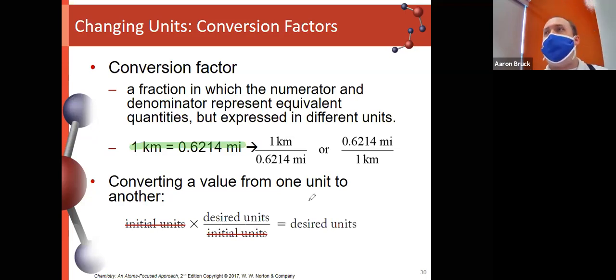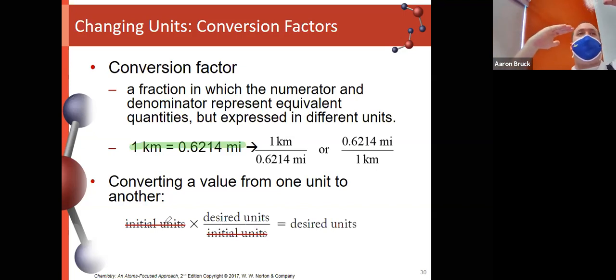So from that standpoint, the whole procedure here is all about factor cancellation. If I have units that I want and units that I'm trying to convert out of, I set up the fraction appropriately so that I have units of the thing I'm trying to convert out of on the bottom of the fraction, and units that I'm trying to convert into on top.